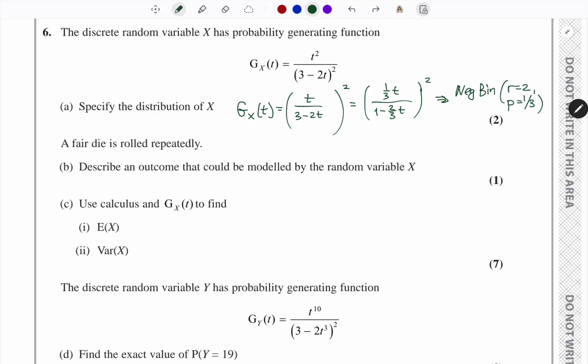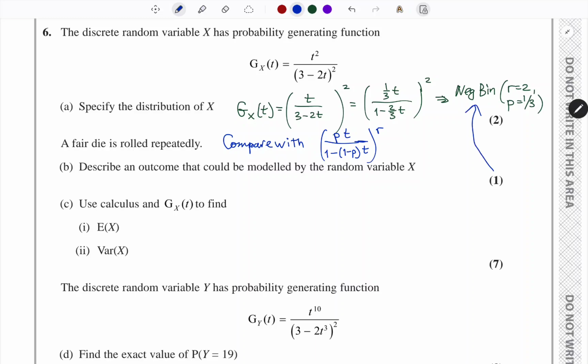Then, so let me write down, compare with PGF from the formula booklet. pt divided by 1 minus pt to the power of r. Okay, a fair die is rolled repeatedly. Describe an outcome that could be modeled by the random variable x. Oh, it's just 1 mark question.